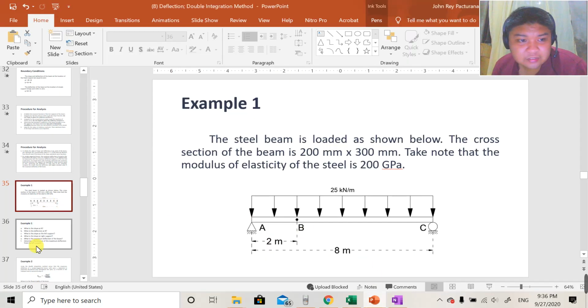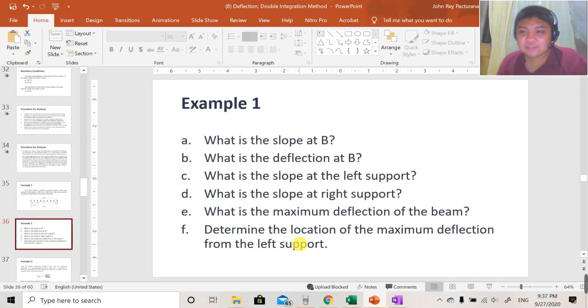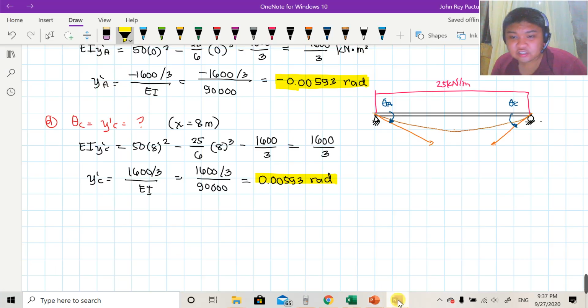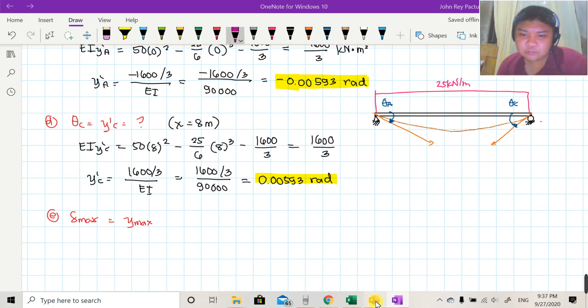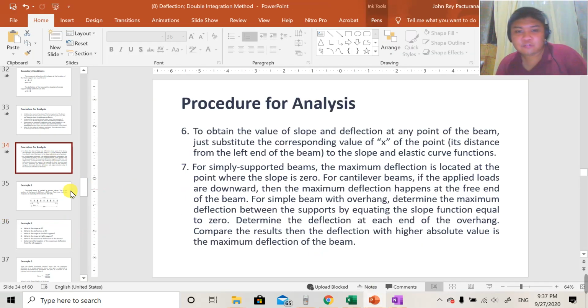Ano ba yung next question class? The next question is what is the maximum deflection of the beam? So, ito yung isa sa pinaka-importanteng tanong dito kasi nga, ang tinatanong class is the maximum deflection or Y max. So, paano natin class nahahanap yung Y max? Balikan natin yung rule number 7.